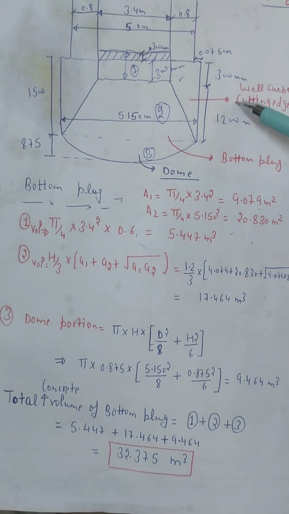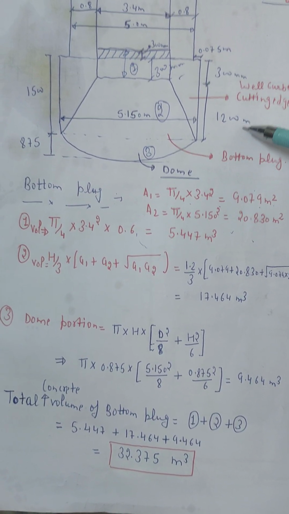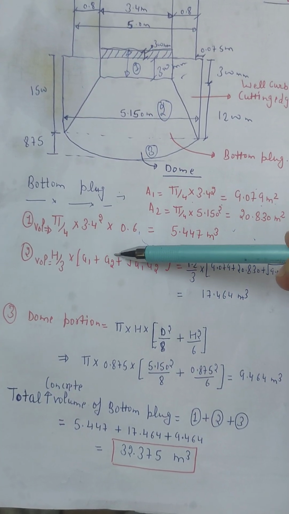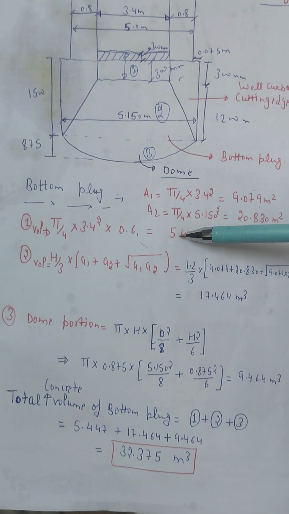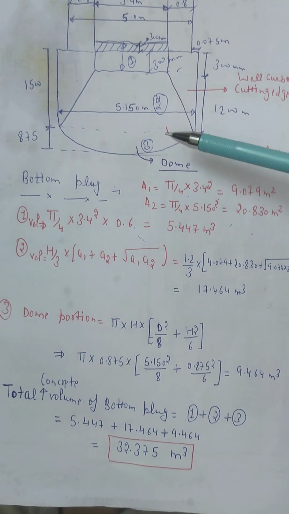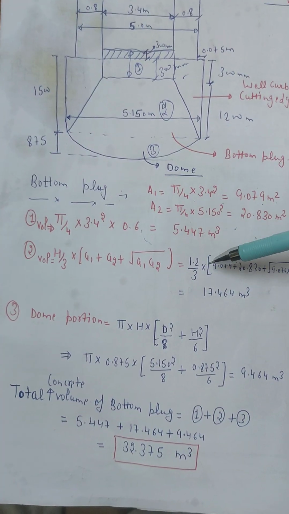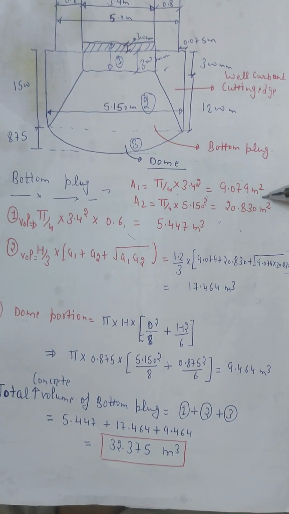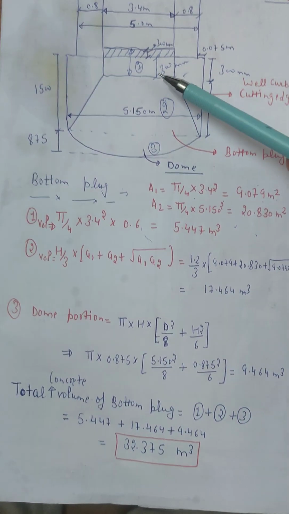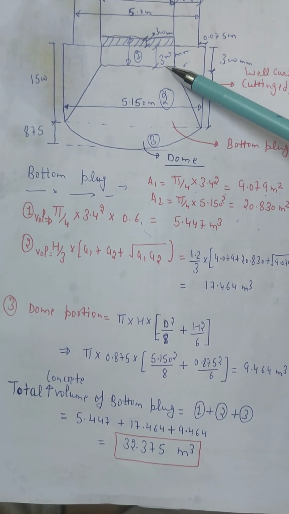So here the height of this part is 1200 mm. As we know the formula, h by 3 into a1 plus a2 plus square root of a1 into a2. Now h is 1.2 meter for the second part, and a1 is 9.079 meter square of the part above, that is the 3.4 meter dia.